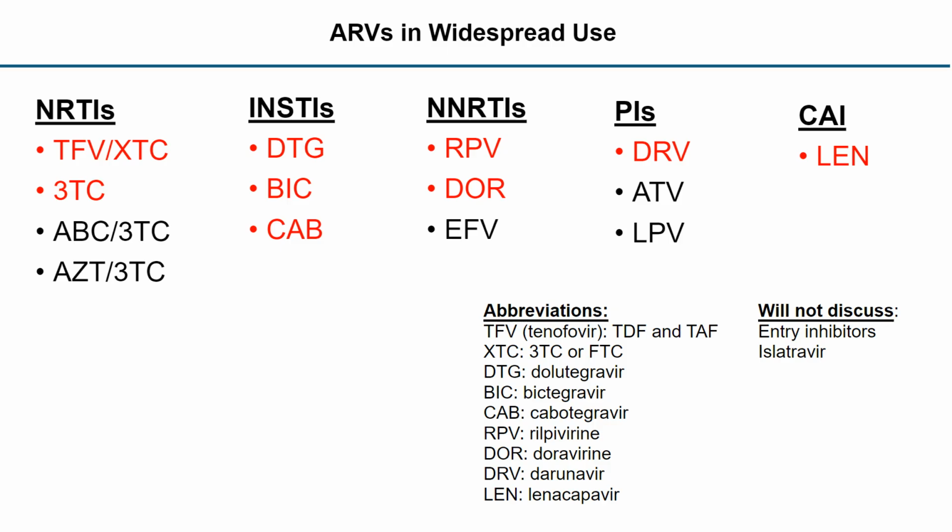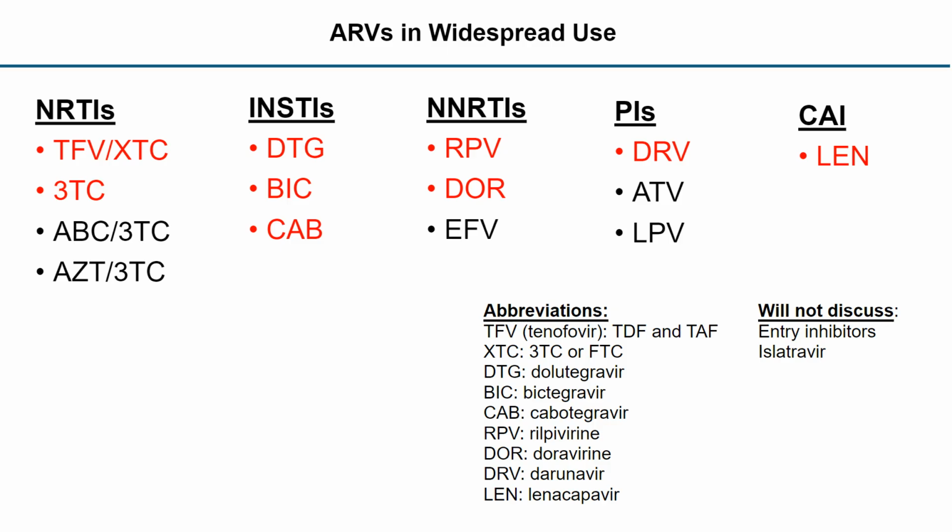In INSTIs, the emphasis will be on the second generation integrase inhibitors, dolutegravir, bictegravir, and cabotegravir. For the NNRTIs, I will highlight resistance to rilpivirine and the newer agent doravirine. For the PIs, the discussion will center on darunavir, which is the most widely used protease inhibitor.